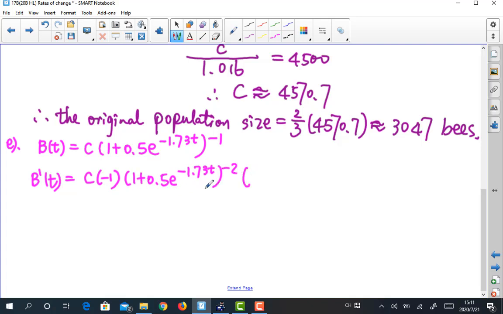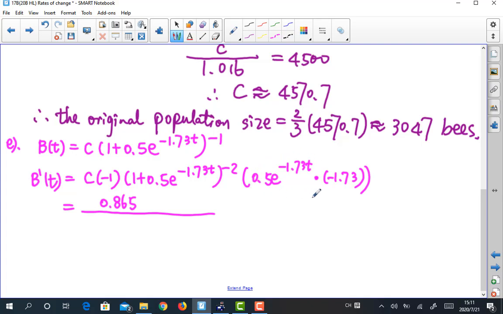Then differentiate the base, the inside. So when you differentiate the base, it should be 0.5 e to the power of negative 1.73t, then times negative 1.73. Let's simplify this into 0.865.